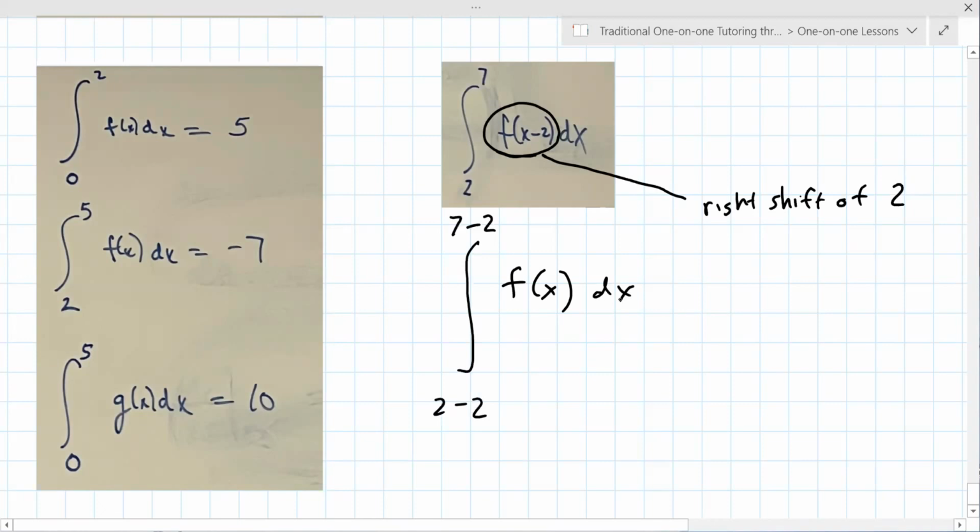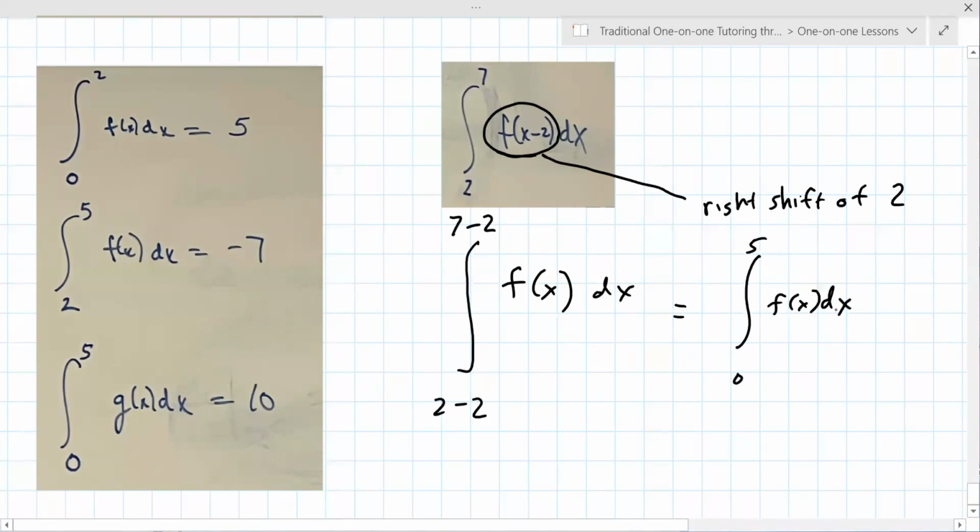So you can just get rid of the 2 if you change the limits, because the function was shifted. Oh. And it has to turn back into something you can do. Right. So this has to turn back into something that you have given. Otherwise, you can't do the problem.